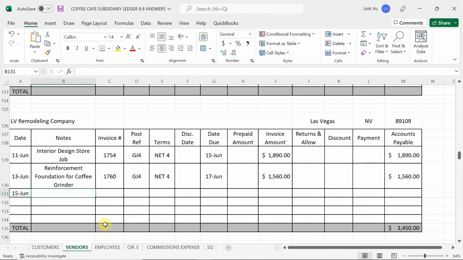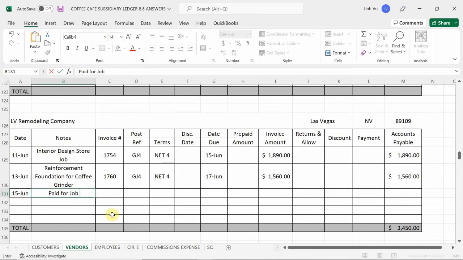Yes, we already received the bill on the 11th. So here you could put notes like, what did you do? What is this transaction? Paid for job. Correct. We can put we paid for job.